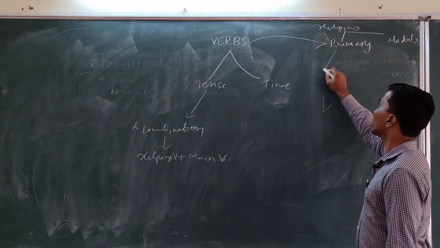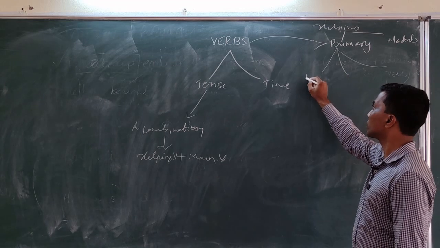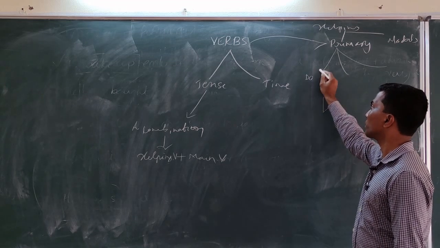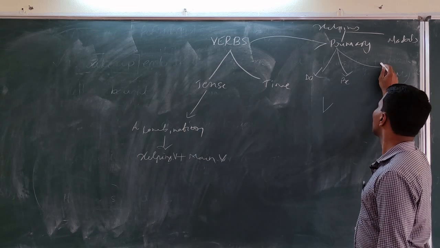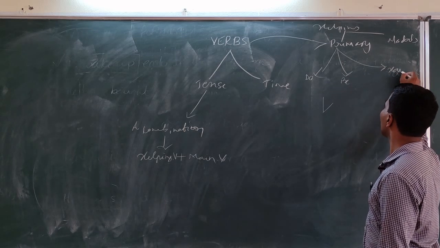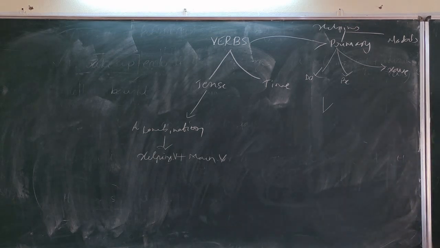Now, there are three types of primary helping verbs. The first is do forms, we call do. The second is be. The third is have. All these are primary helping verbs. Okay?